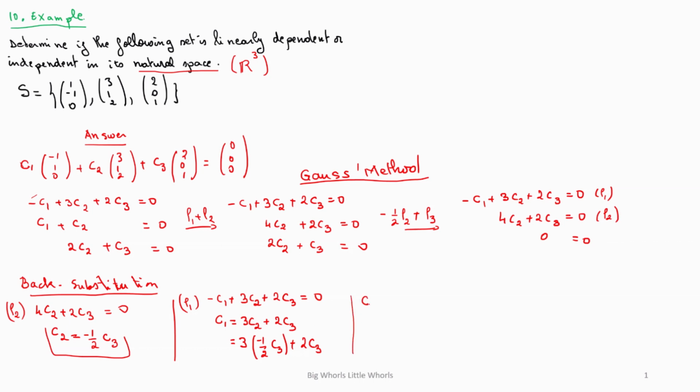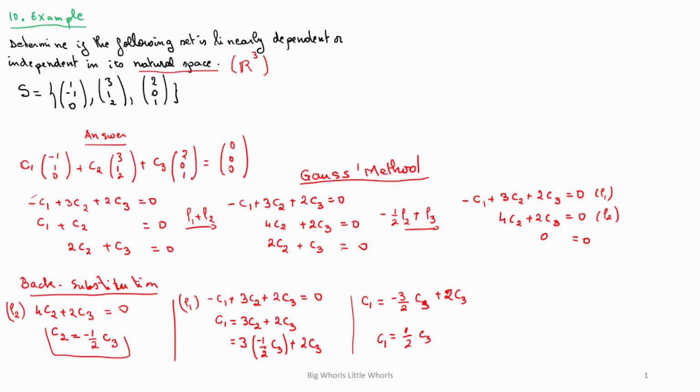This leads to C1 = -3/2 C3 + 2C3, which is equal to a half C3.